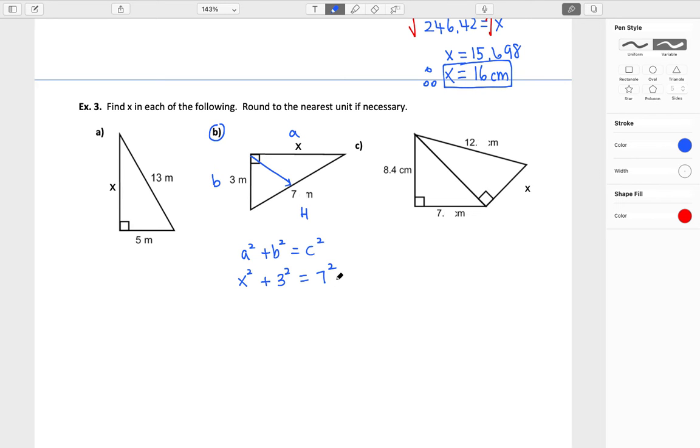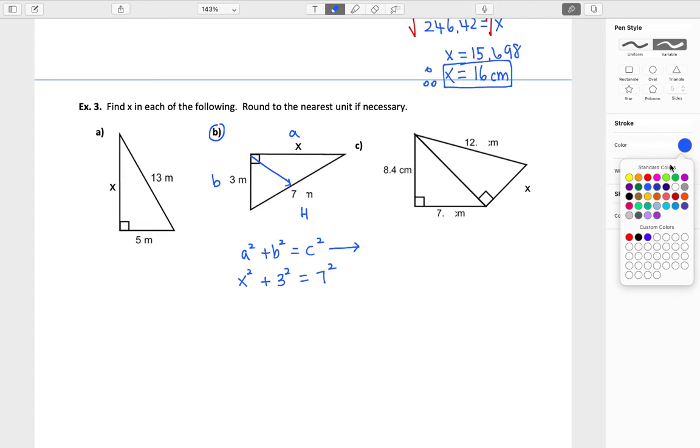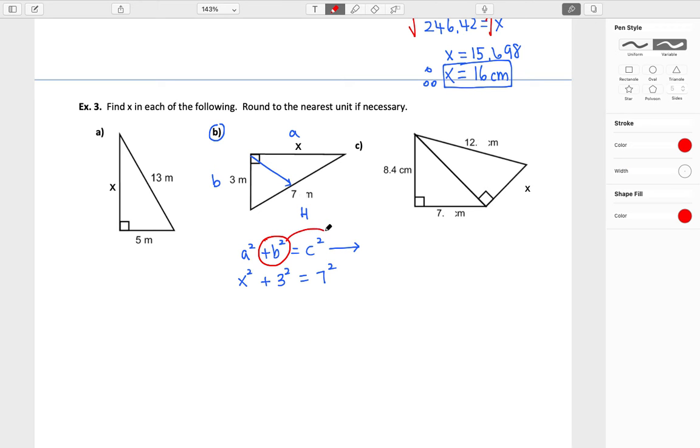If you want, you can rearrange in the beginning or later. When you are looking for the leg and not the hypotenuse, you always have to subtract. What does that mean? I'm looking for A, so I need to move positive B squared to the other side, because I want A to be alone.